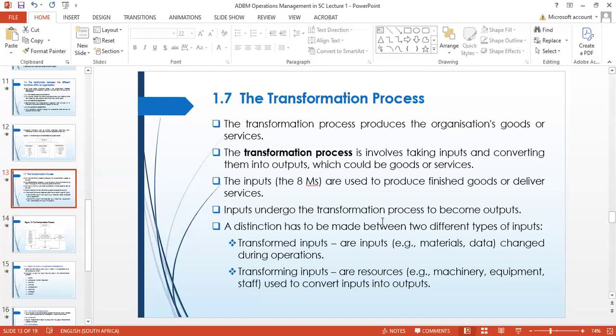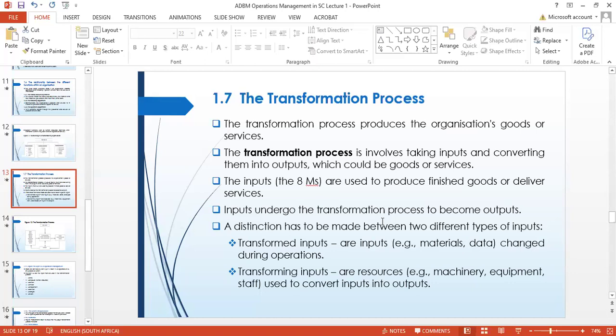We're talking of cloth that is used to produce bedding and clothes. It's a raw material. We're talking of various metals that are used to come up with various gadgets. Those are transformed, they are changed during the operation or the process.